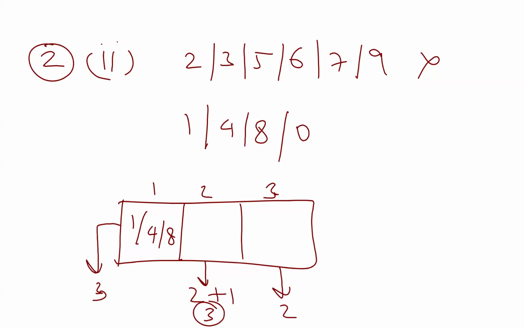So this is 3 into 3 into 2, that is 9 into 2, which is 18. I think there is some error in the problem. I'll just recheck it.